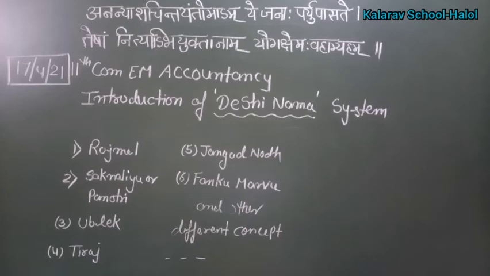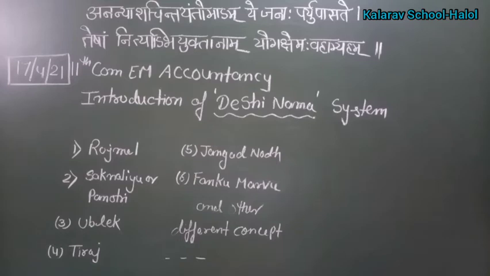Based on the Rojmel, Baitomel, the closing cash balance is found. Therefore, a cash account is not prepared in the Desi Nama system, which is one of its characteristics. In the final accounts of the Desi Nama system, Hawala Mel, Kharid Vakra Khatu, Vatao Khatu or Sarvaiyu are included. Sarvaiyu means the trial balance.